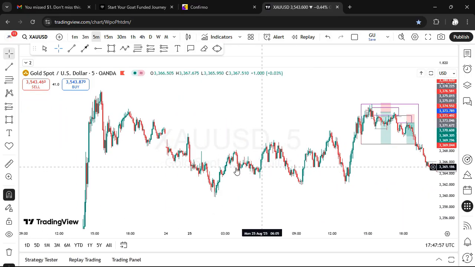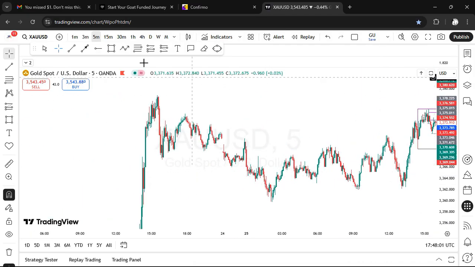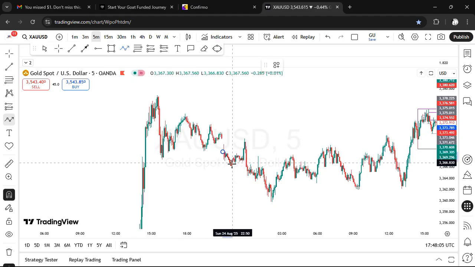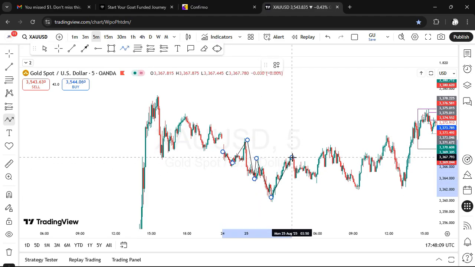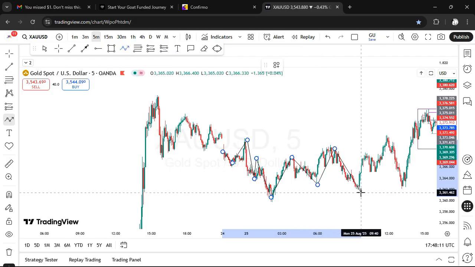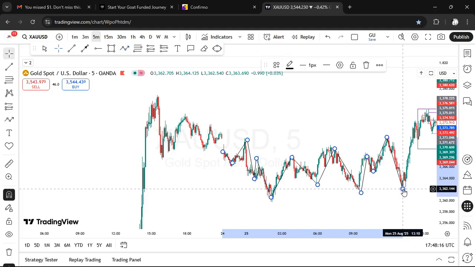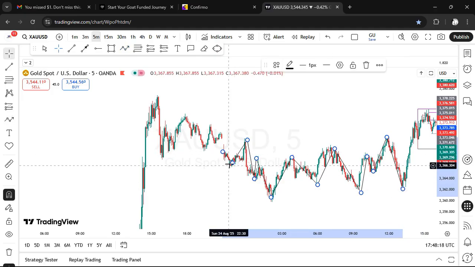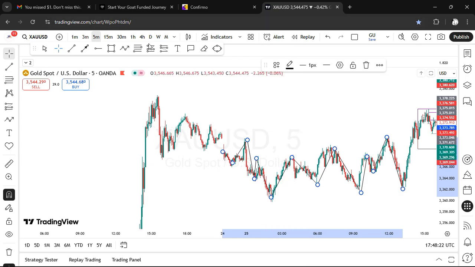Look at what's happening here. The market started somewhere from this other region, started down, retraced, went up, went down, went up, went down, went up, went down again. At this point, one would be thinking we are going down, but before you know it, let me mark the region.